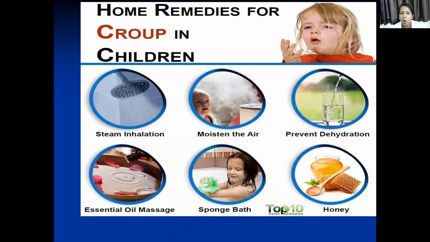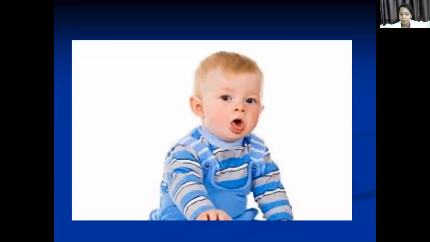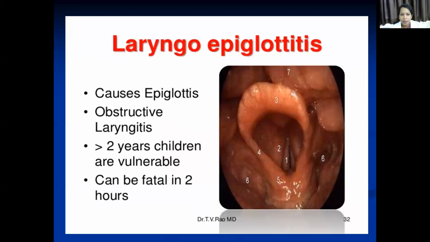These are some of the home remedies for croup: steam inhalation, moistening the air, preventing dehydration, essential oil massage, sponge bath, honey. Okay, the larynx has been obstructed.